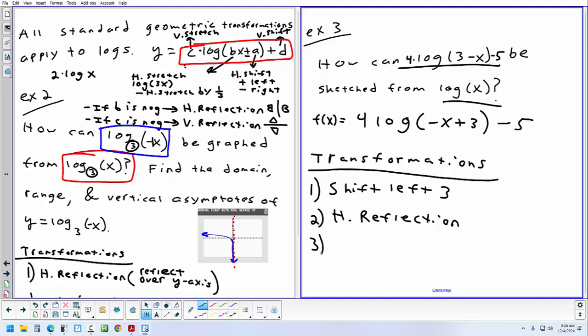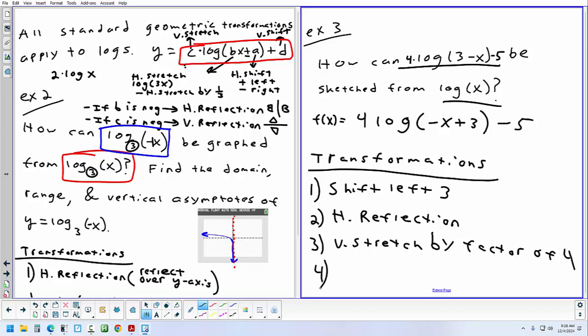Okay, so we did B, go to C. Is there a number in the C spot? Yes. Yep. What number is in the spot for C? 4. And what's that going to do? Vertical stretch by 4 times as much. And now we go to the D. Is there a number in that spot?